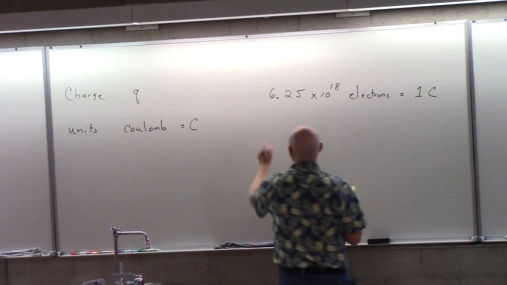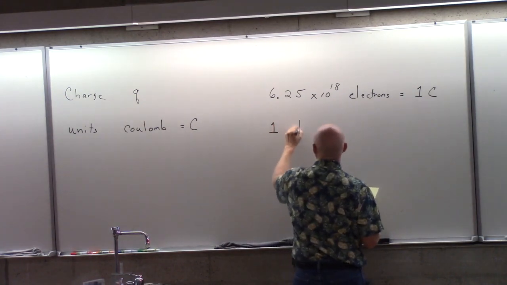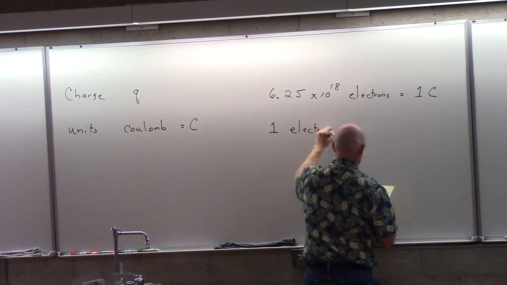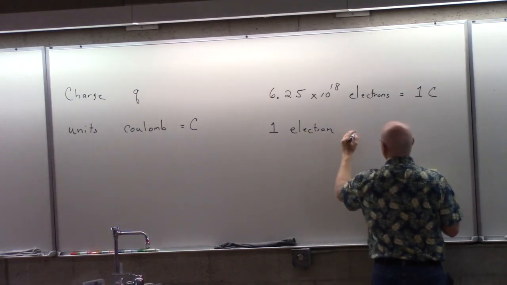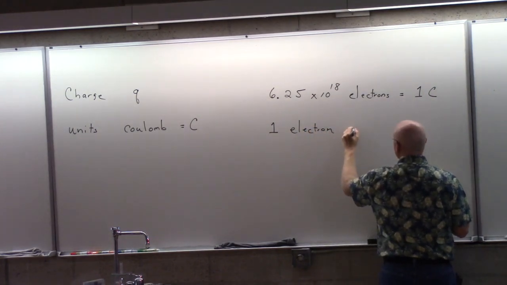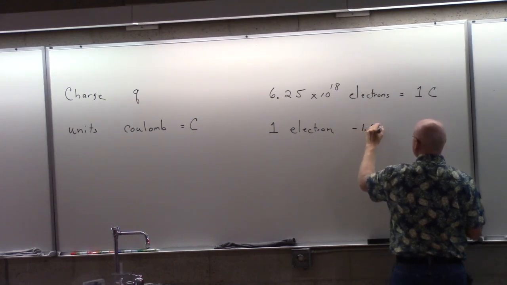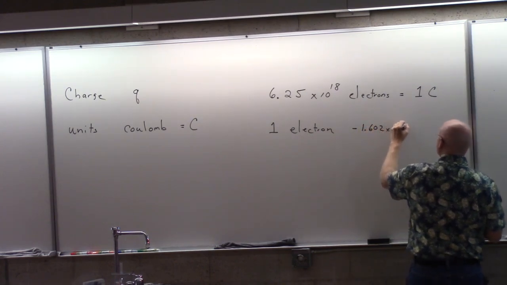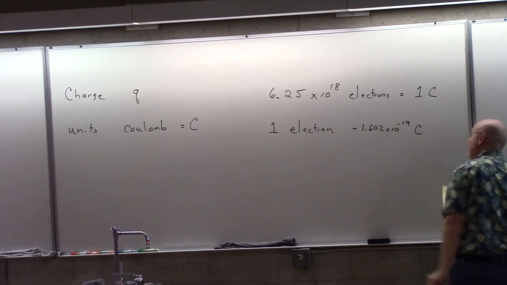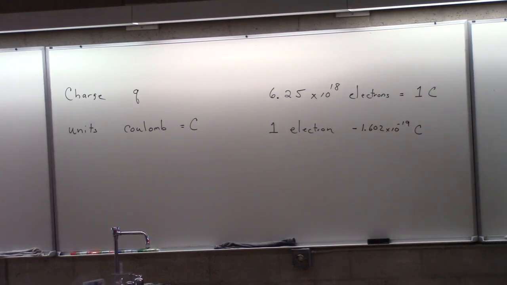But of course, here's what it means then, is that 1 electron will have a charge of, and I'm going to put a negative. I said it a little bit quickly, but maybe I should have emphasized, and I'll demonstrate a little experiment done.